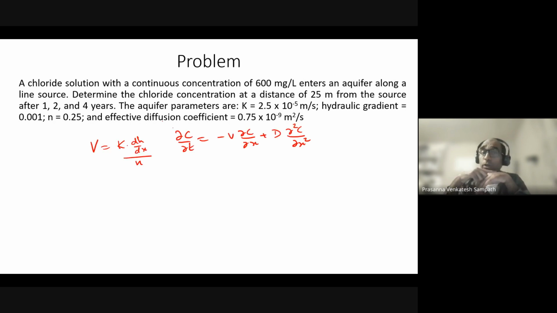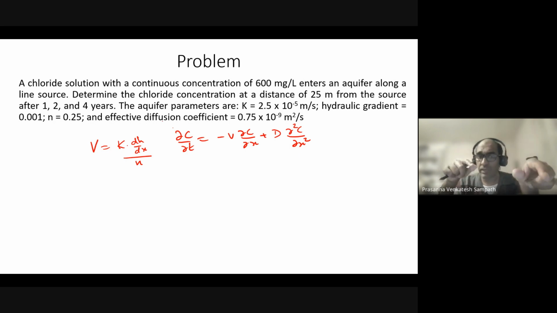So what you can do is you can first find the velocity in this particular problem. So that will be K times dh by dx divided by n, which is the porosity. So K is given, the hydraulic gradient is given, and then the porosity is also given.